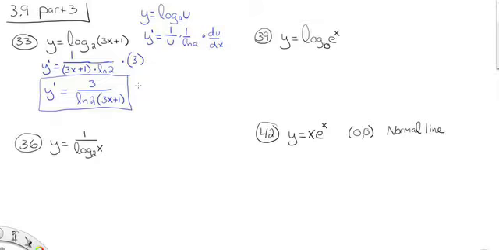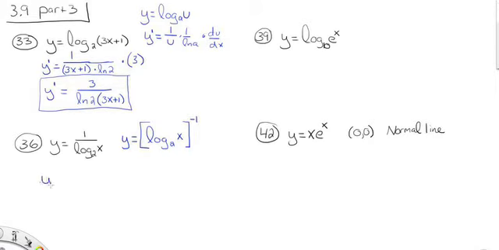So then we get to 36, and I have a choice. I can either do this as a quotient rule, or I can rewrite the problem, which I usually do, as log base 2 of x all to the negative 1 power. So let's try that and see how it works out.